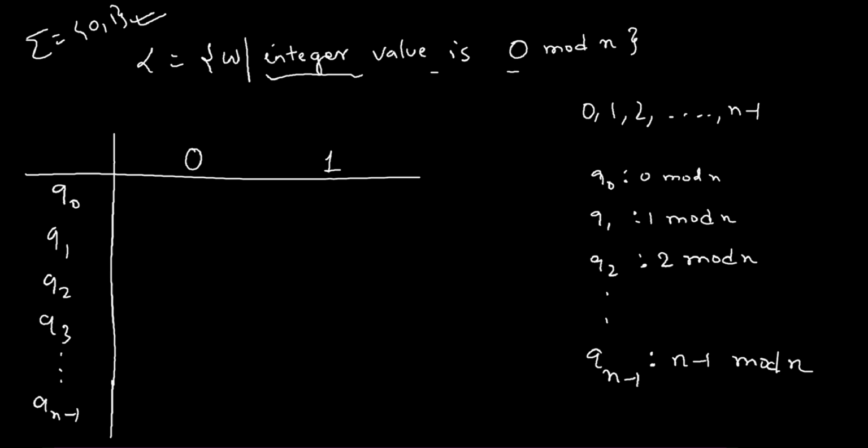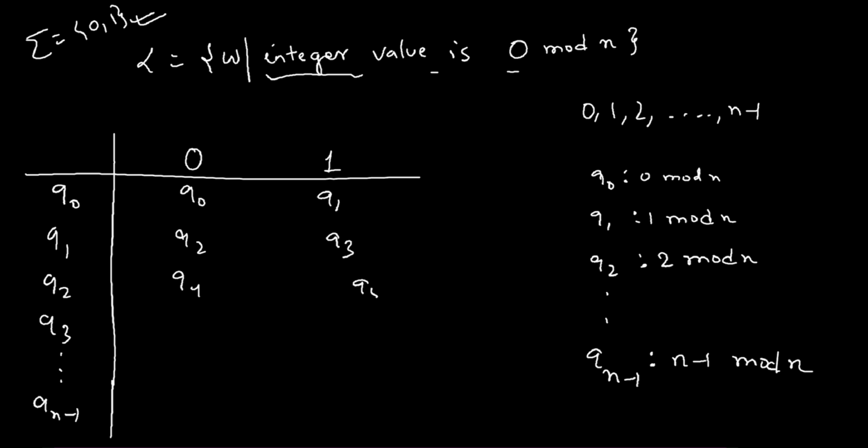How you should define the transitions is simple: just go in a sequence like q0, q1, q2, q3, and so on.